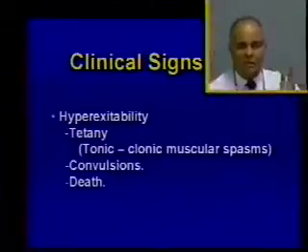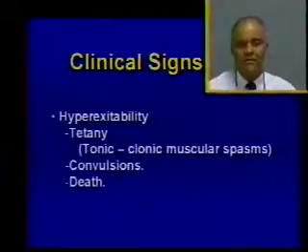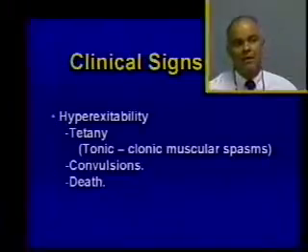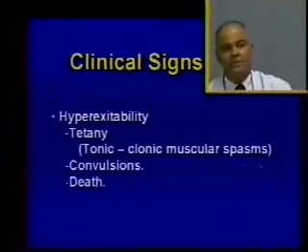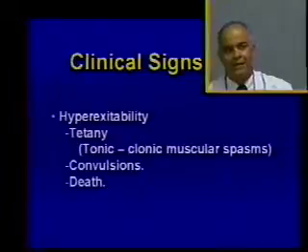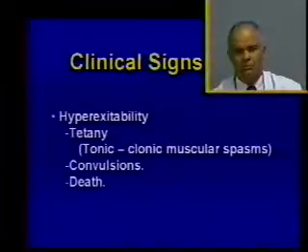The clinical signs are similar to milk fever cow, except that now we have hyperexcitability, tetany, tonic-clonic muscular spasms. The key here is spasms, convulsions, and death. If you compare this disease to milk fever, with the hypocalcemia cow you see a recumbent animal with flaccidity in the major muscle groups.